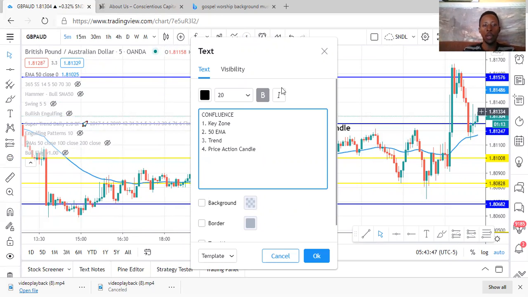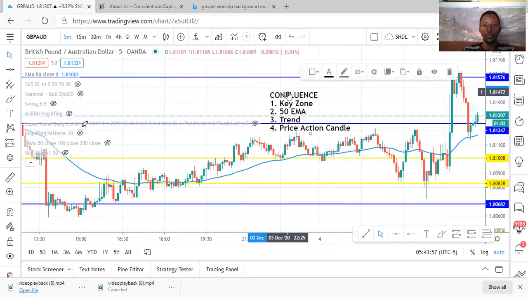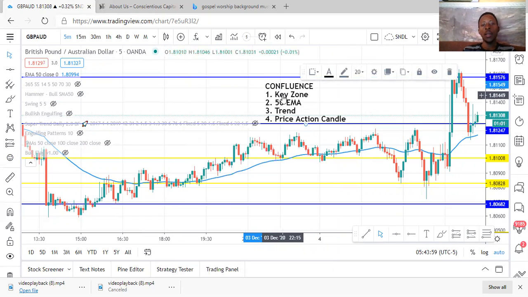When I get to remember more in the course of the session, I will add them up. So these are some of the key confluences we're going to be looking at: the key zone, the 50 EMA, the trend, and the price action.